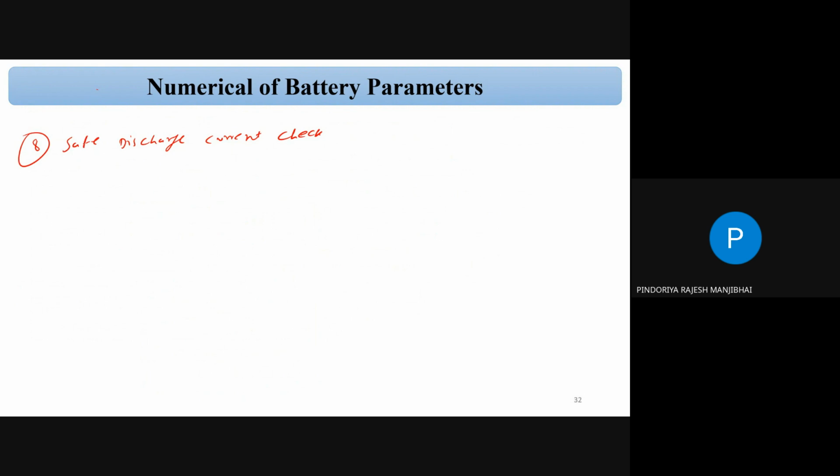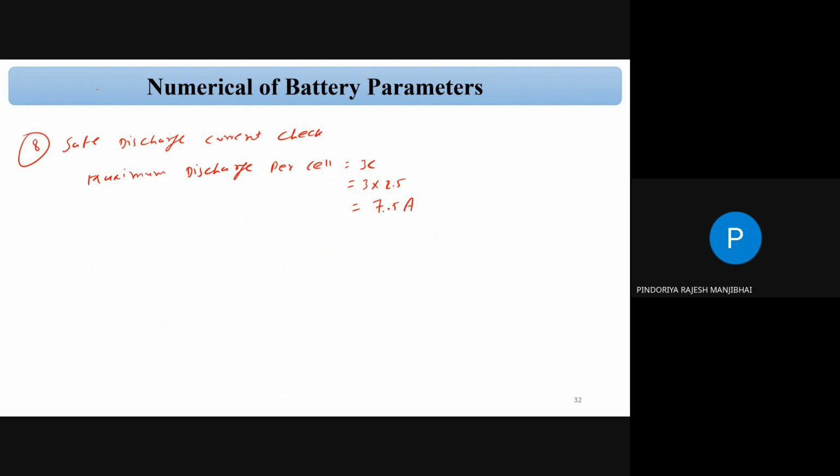So maximum discharge per cell is 3C. And C, we already calculated as 2.5, correct? So 3 into 2.5 is 7.5. Correct. So that is the maximum discharge per cell.